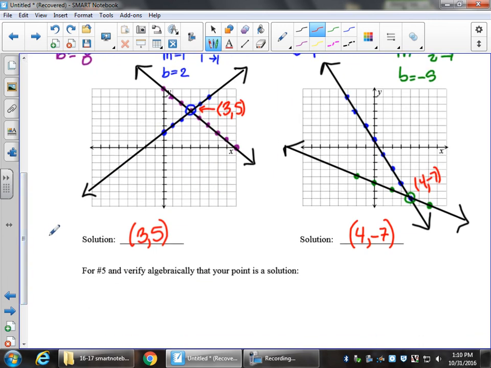Our last question, number 5, says, verify algebraically that your point is a solution. Verify algebraically, if we think back to last year, really is saying plug in your solution to both equations.